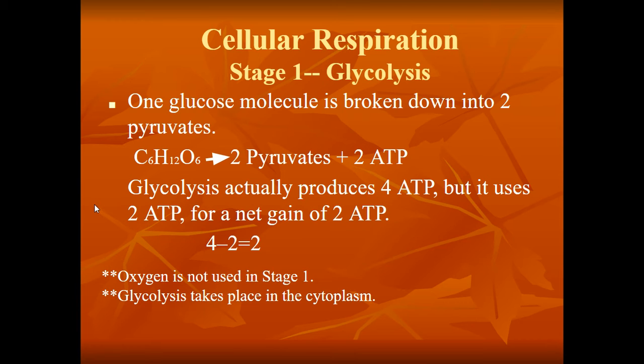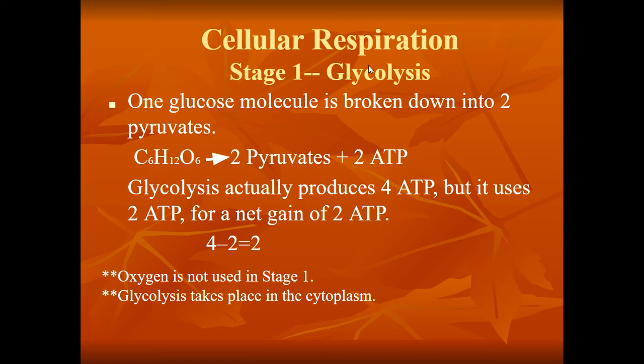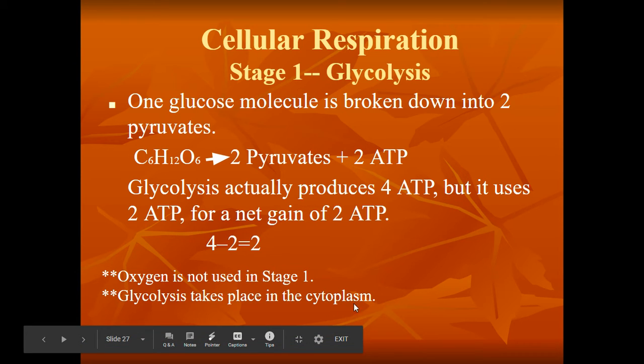During this whole thing, I want to make sure you realize these 2 things here. That oxygen is not used in this stage. Even though this is part of aerobic respiration, glycolysis itself does not require oxygen to happen. It does not use it. And glycolysis takes place in the cytoplasm of your cell.